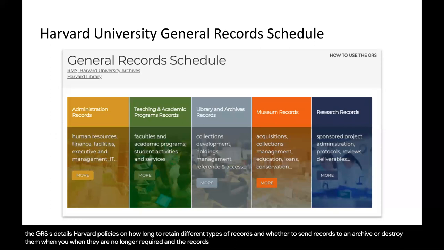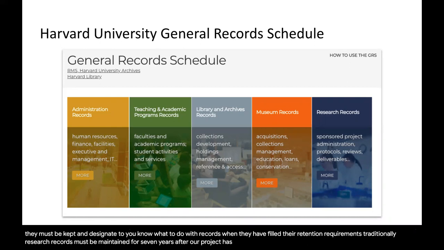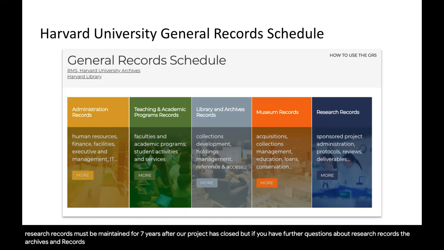And the records retention schedule describes different types of records, explains how long they must be kept, and designates what to do with records when they have fulfilled their retention requirements. Traditionally, research records must be maintained for 7 years after a project has closed. But if you have further questions about research records, the Archives and Records Management Program, the Center for History of Medicine at Countway Library can definitely help.